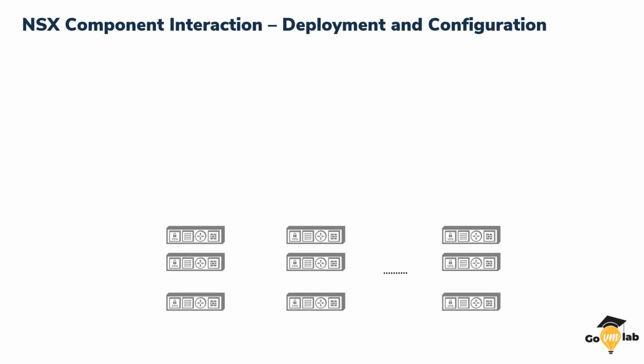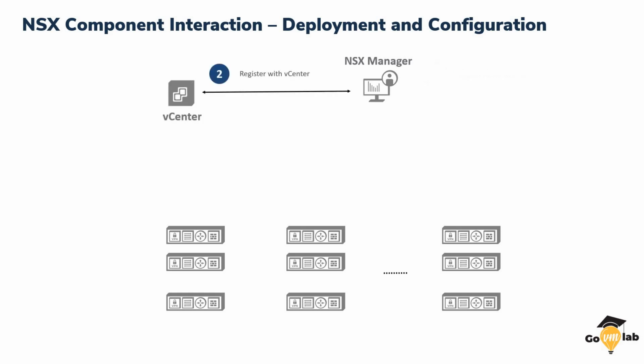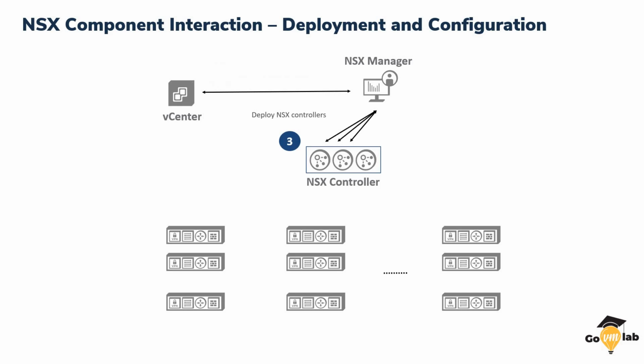This slide talks about how each of these components, the data plane, control plane, and management plane components, come together and help us deploy the NSX architecture. As you could see, we first deploy NSX Manager, then we register this NSX Manager with our vCenter server. After successful registration, we go and deploy the NSX controllers.